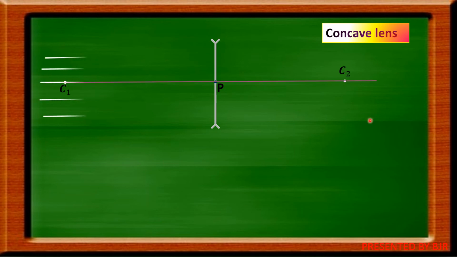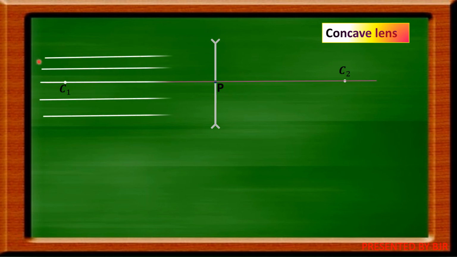And these are the parallel rays which are traveling from left to right and falling on the concave lens, and these rays will get refracted. And this lens is called the diverging lens.